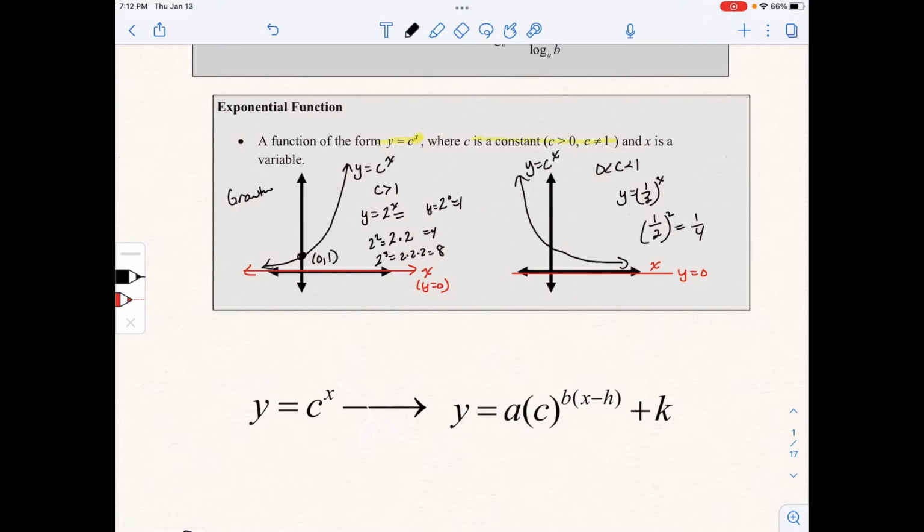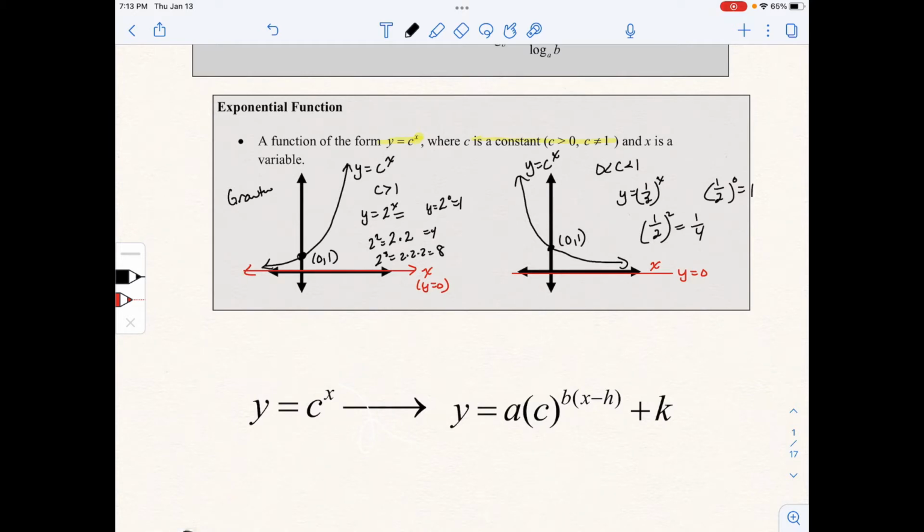So when we multiply a number between 0 and 1 by itself, a number less than 1, we get a smaller number still. So the numbers are decaying. And still the same rule follows: if x is 0, y would be 1, because 1/2 to the power of 0 would be 1.